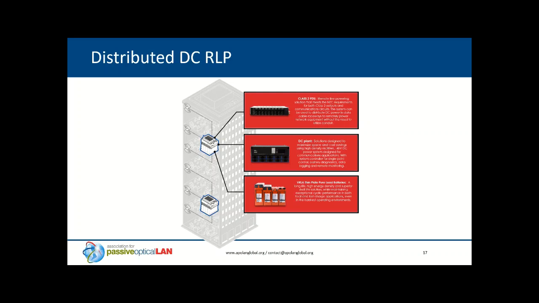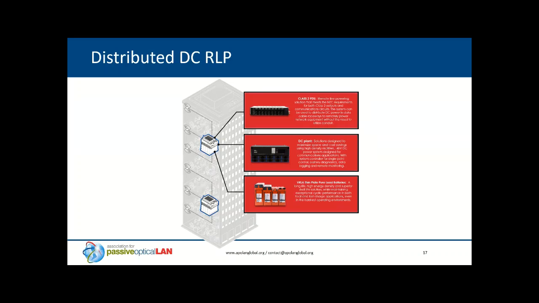This is going to help you make your choices in your architecture very simply. First of which is this distributed DC, which is breaking up your power locations throughout the build. As Chad was referring to zone locations earlier, you could break up your power in the same theory. So you would have a zone location where you would have your power.